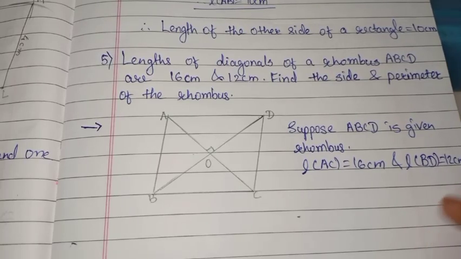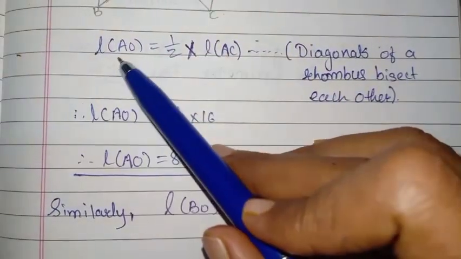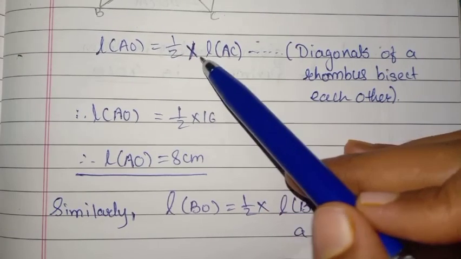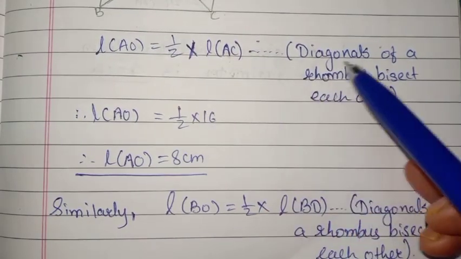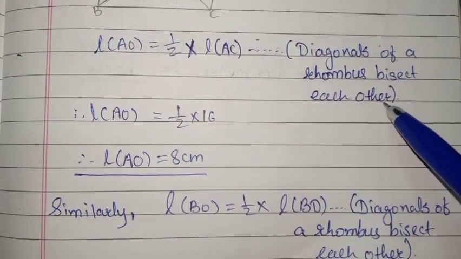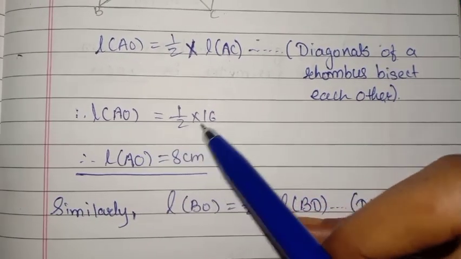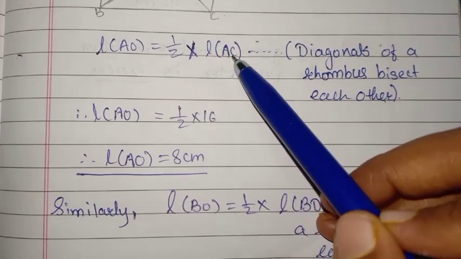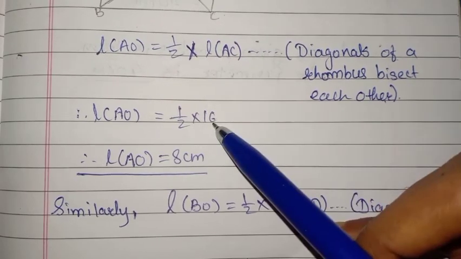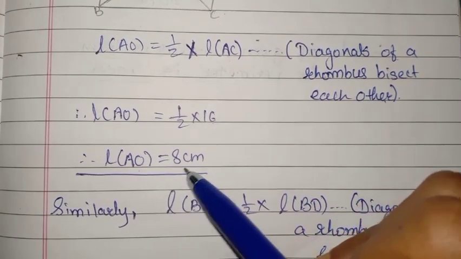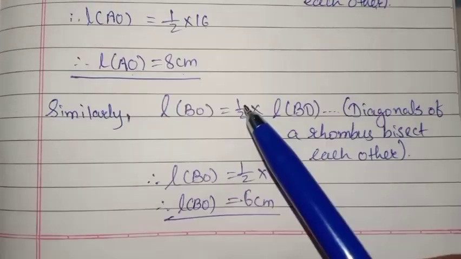These are diagonals. Now see, length AO is equal to half into length AC because diagonals of rhombus bisect each other. Therefore, length AO is equal to half into 16 because length AC is 16. So, length AO is equal to 8 centimeters.